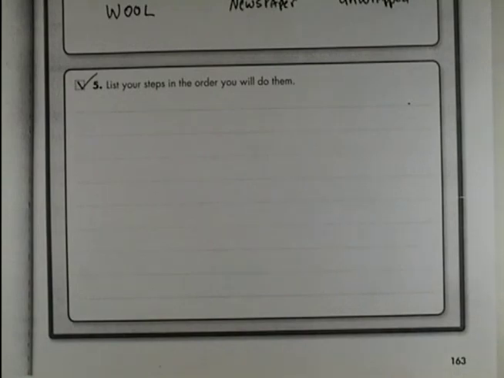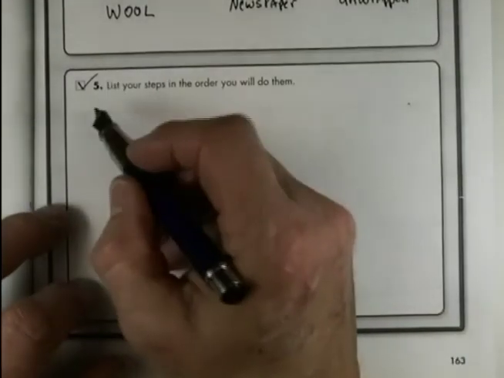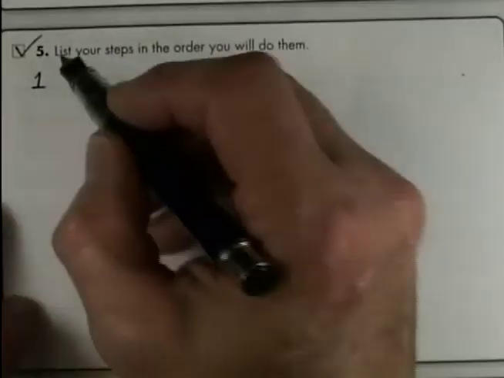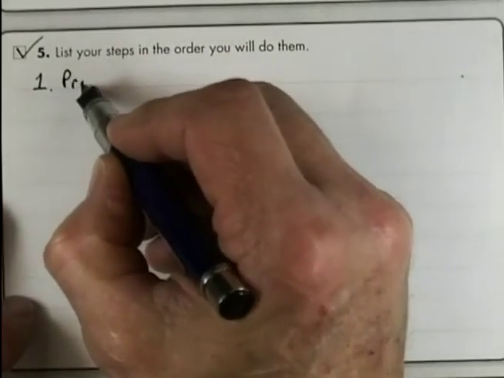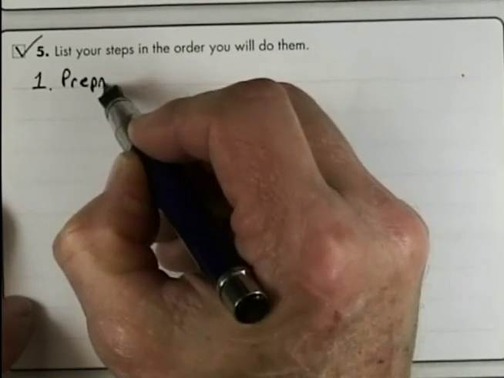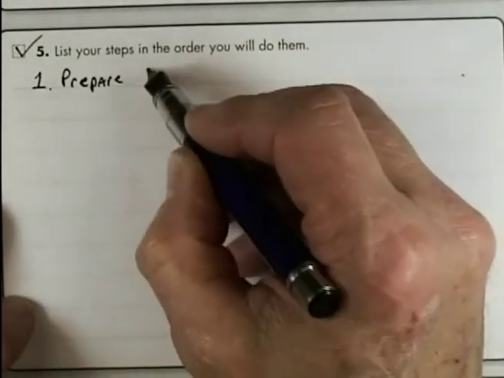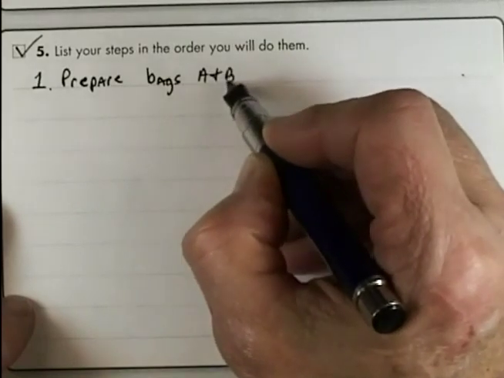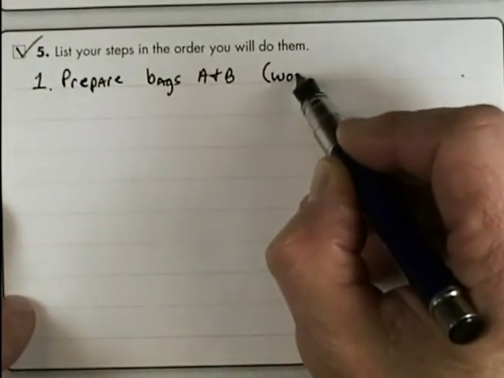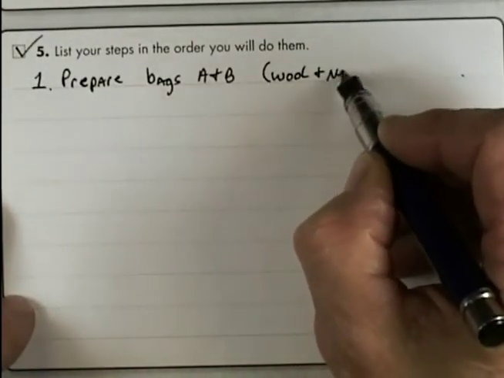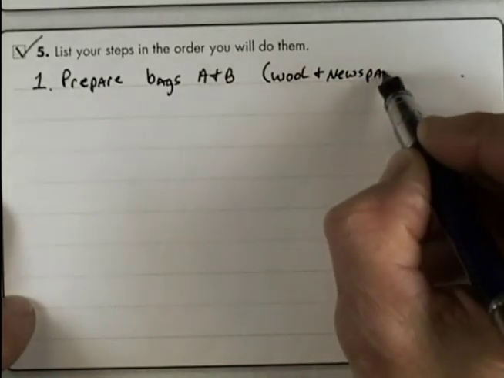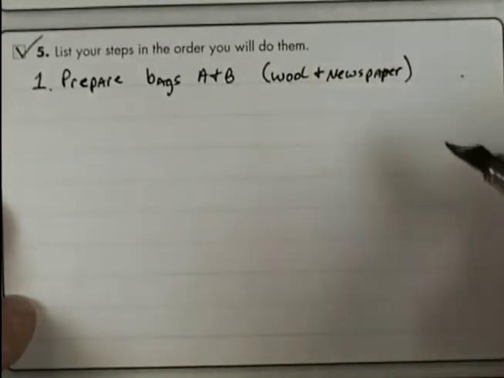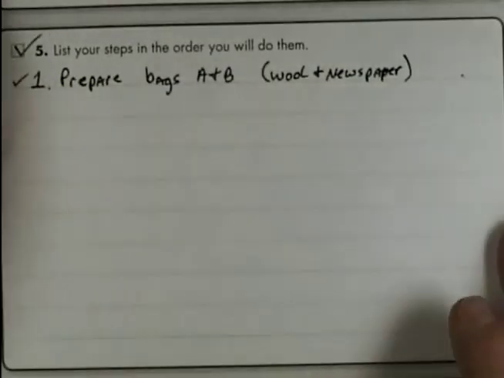So the steps for this ice investigation. Number one, we're going to prepare bags A and B, which is the wool and newspaper. And you've already done that. Check.